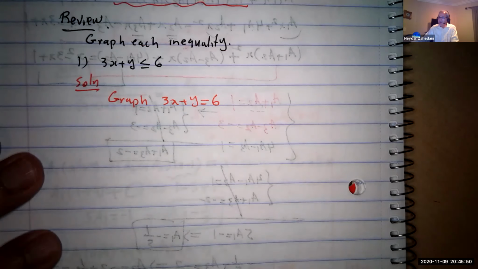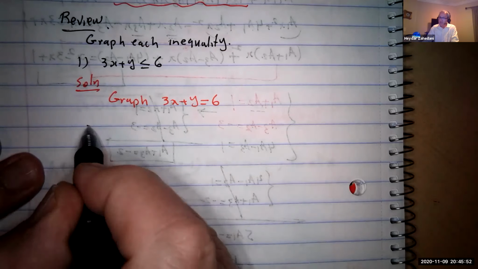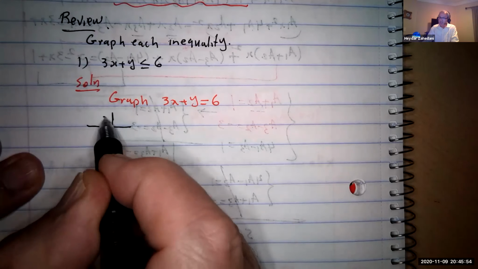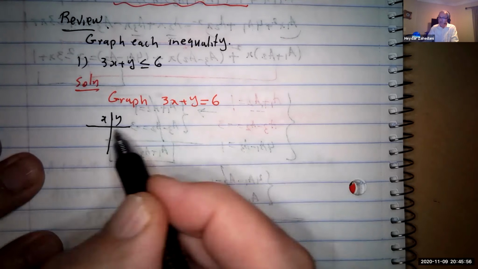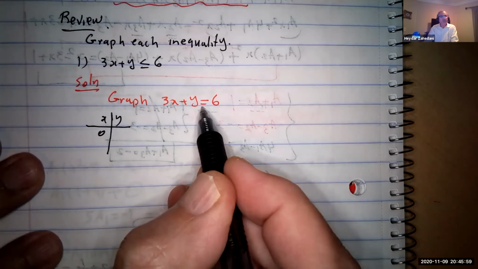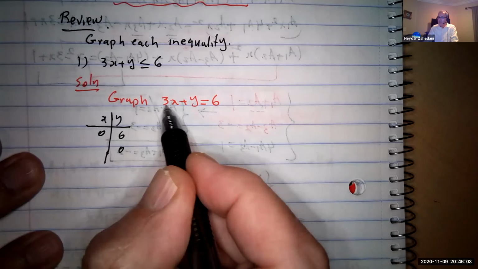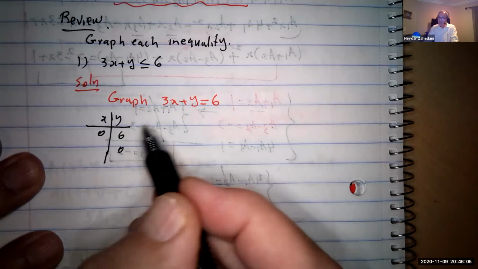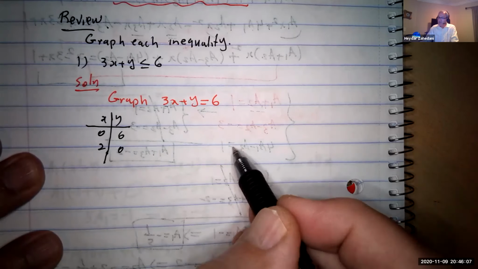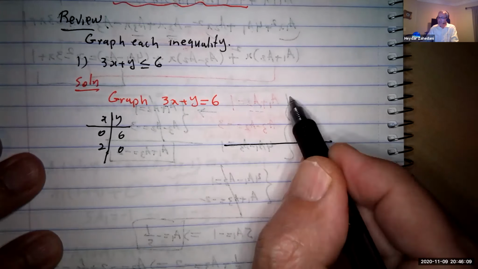Okay, it's easy to graph. You need 2 points. So we go with the intercepts, x and y. If you replace x by 0, y would be 6. And replace y by 0, 3x equals 6. So that gives you x equals 2.